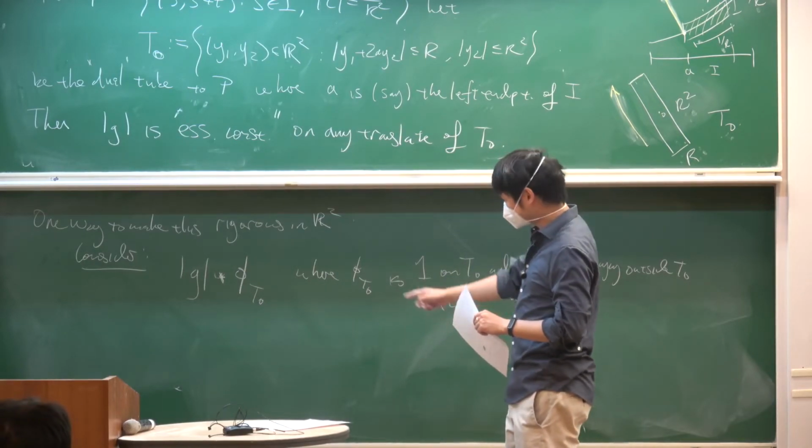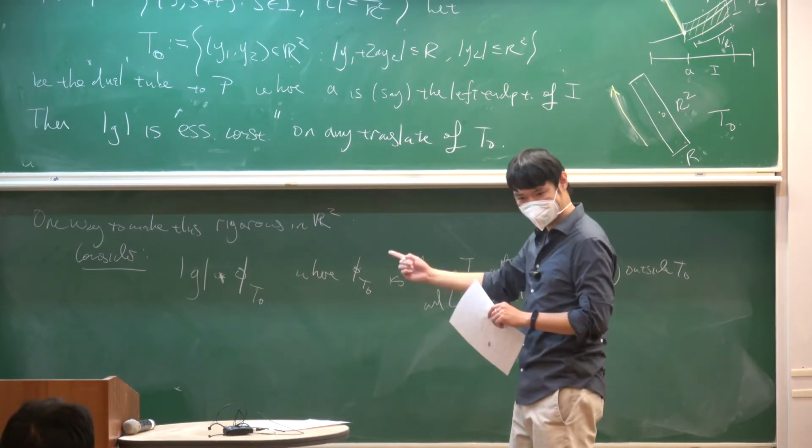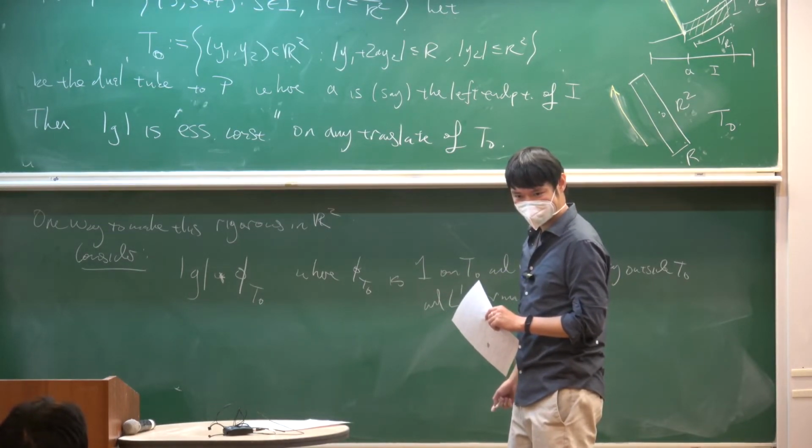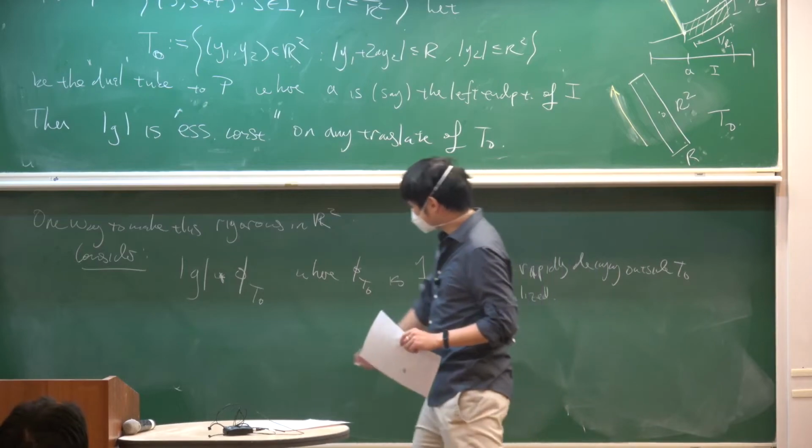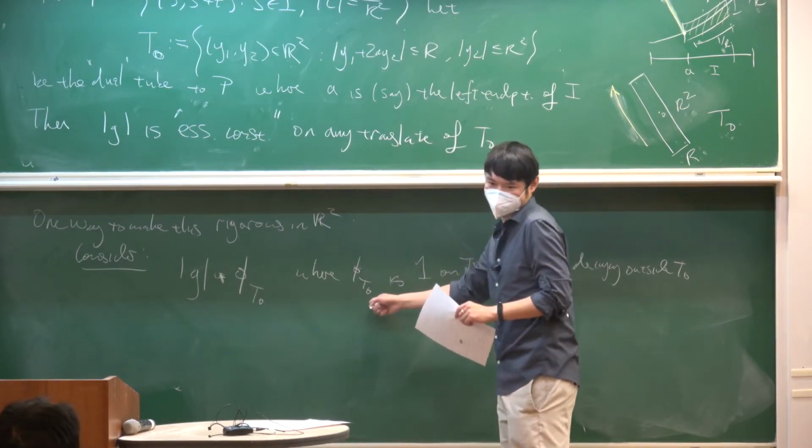Because it's L1 normalized, the integral of this guy is the integral of G. And you can show, so there's a particular phi T naught that you do have to use.